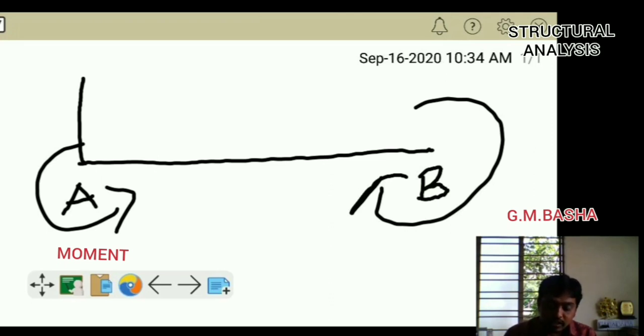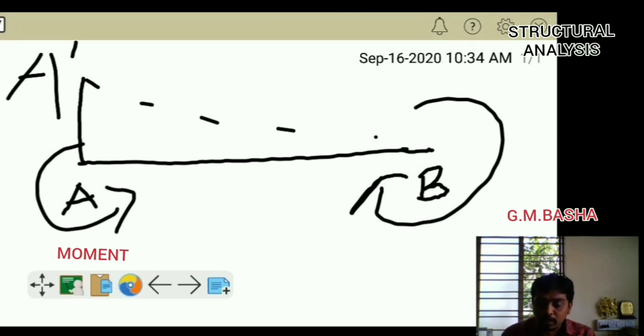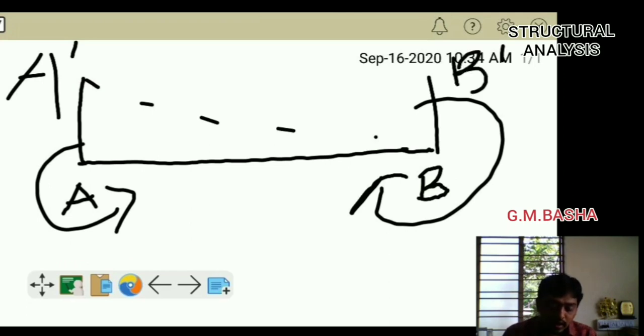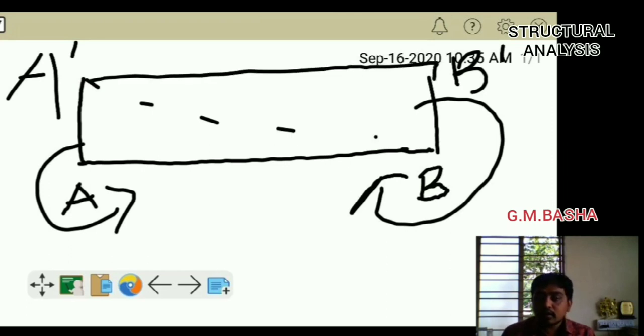Similarly, the original position of the beam will be A, A dash and B. Again, whenever a clockwise force is applied at B, the B position will move to B dash. These two are the same 25 kilonewton only. After that you can draw these two lines. So this is the fixed bending moment diagram for the particular span AB.